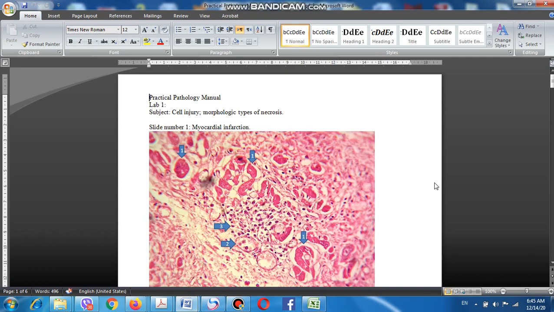We say appearance, we say morphology. This appearance, this morphology, is dependent on the mechanism of necrosis that takes place. The essential mechanism of necrosis depends on two mechanisms.